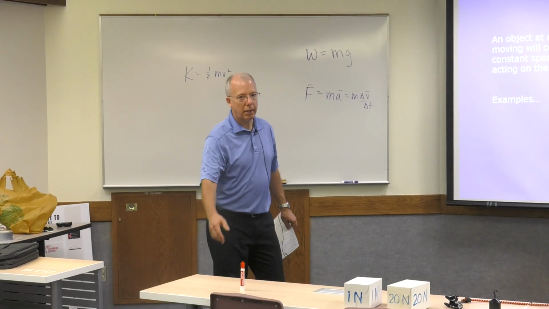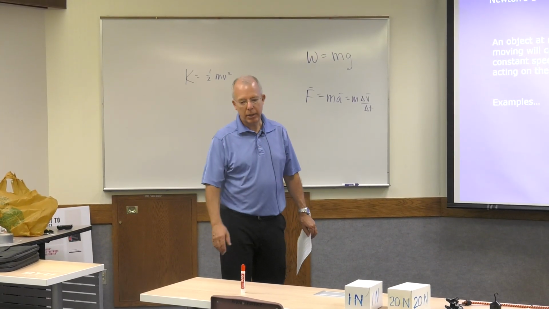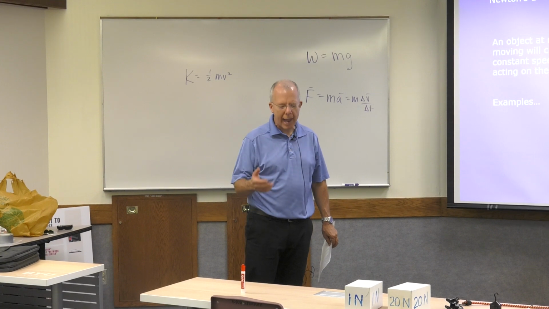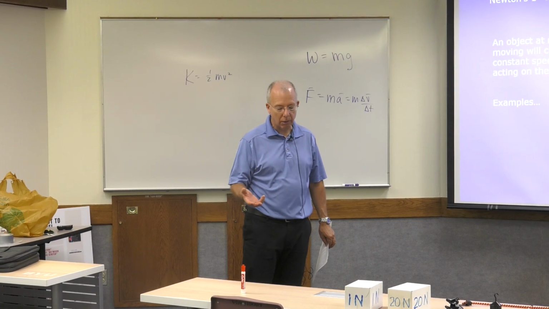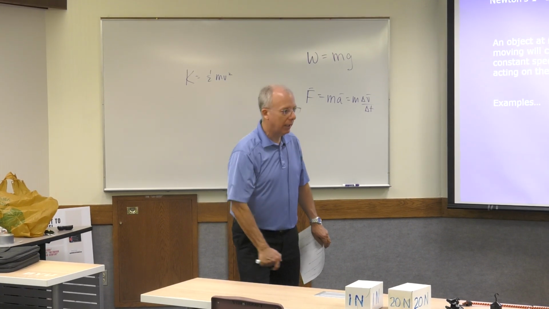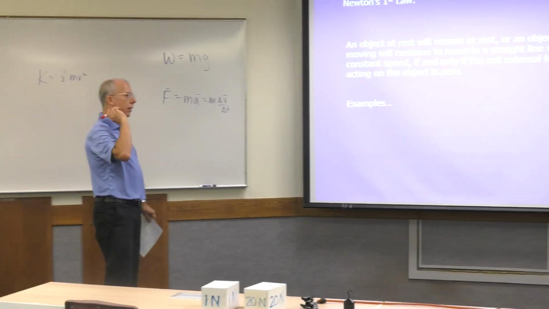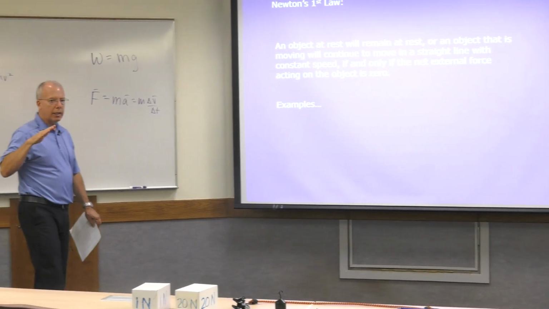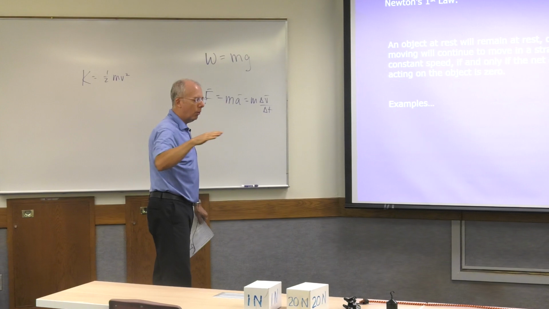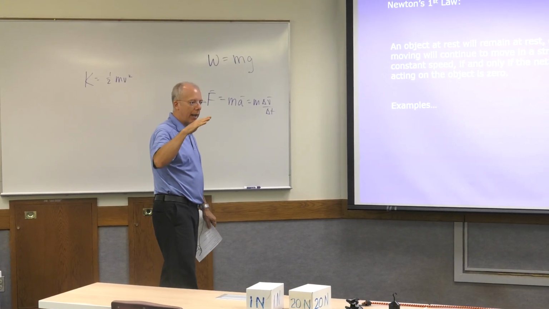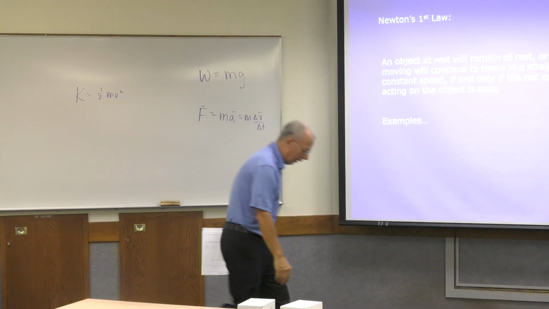It's at rest. It's going to remain at rest because the net force acting on that thing is 0. Now I take this thing and I throw it, and what happens? It doesn't go in a straight line. Why not? Well, because there's a gravitational force acting on it.